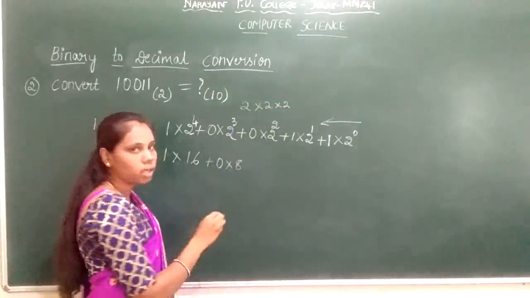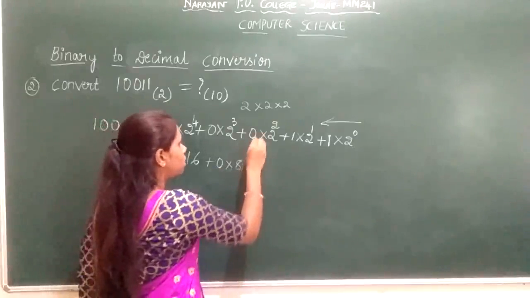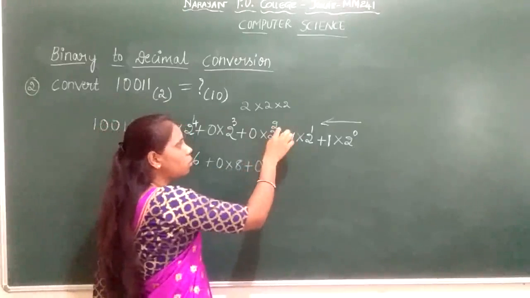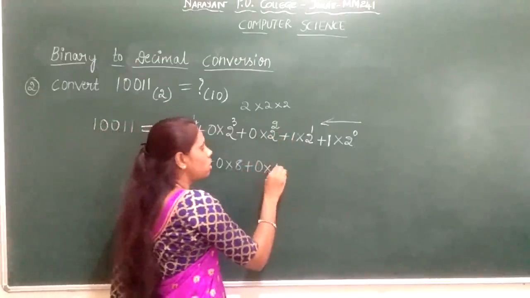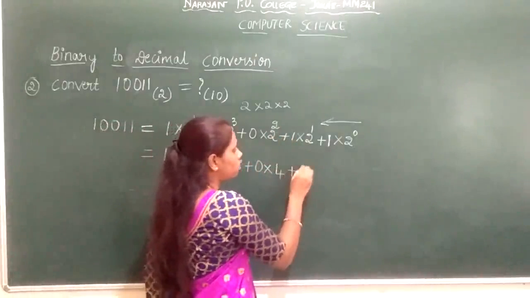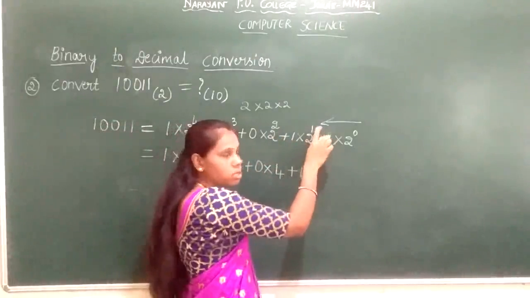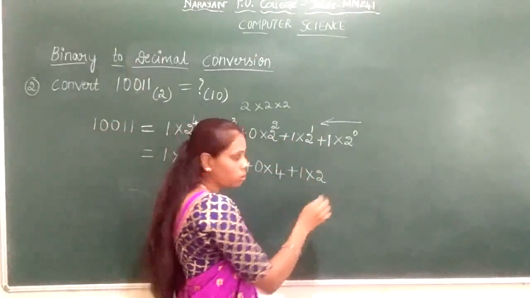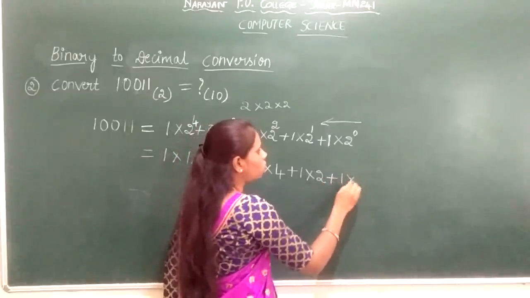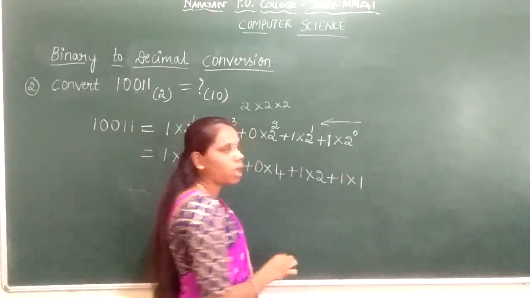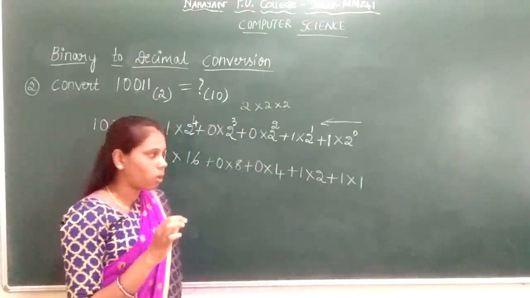So 2 cube is 8. Next plus 0 into 2 square, that is 4, plus 1 into 2 power 1, which is 2, plus 1 into 2 power 0, which is 1. Anything to the power 0 will be 1.